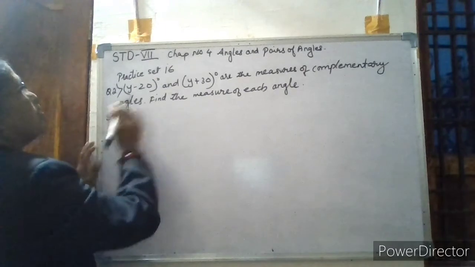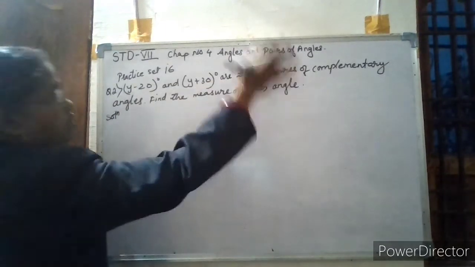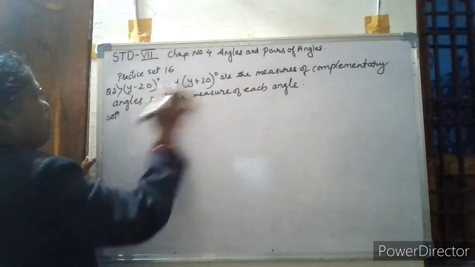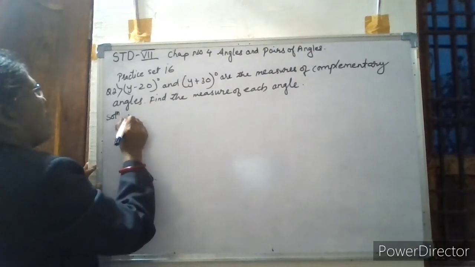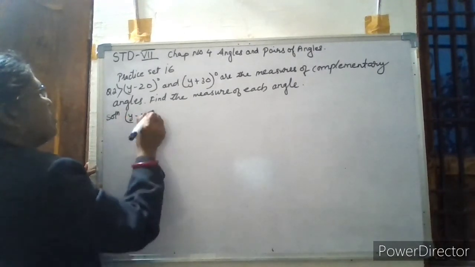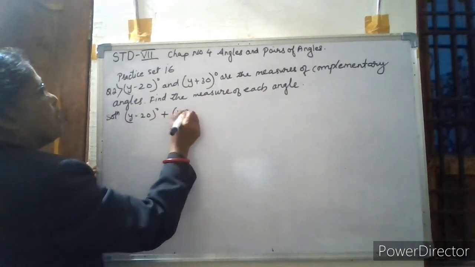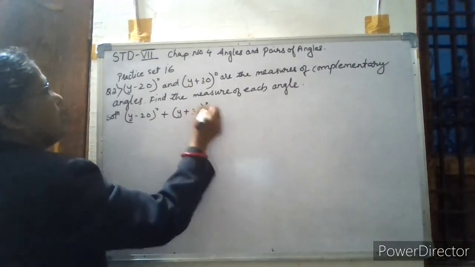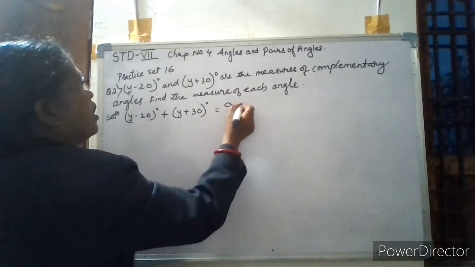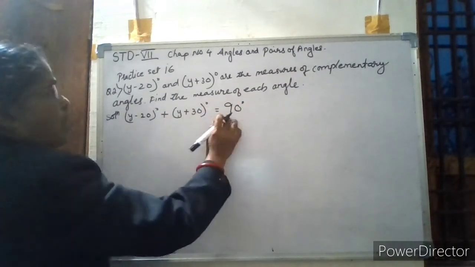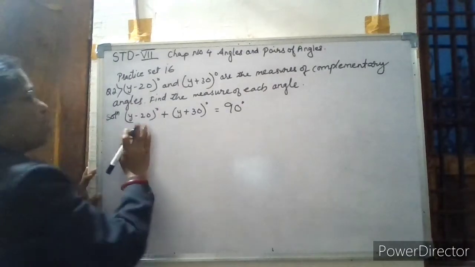These are the measures of complementary angles. Therefore, y minus 20 degrees plus y plus 30 degrees is equal to 90 degrees. That means the sum of these two angles is equal to 90.